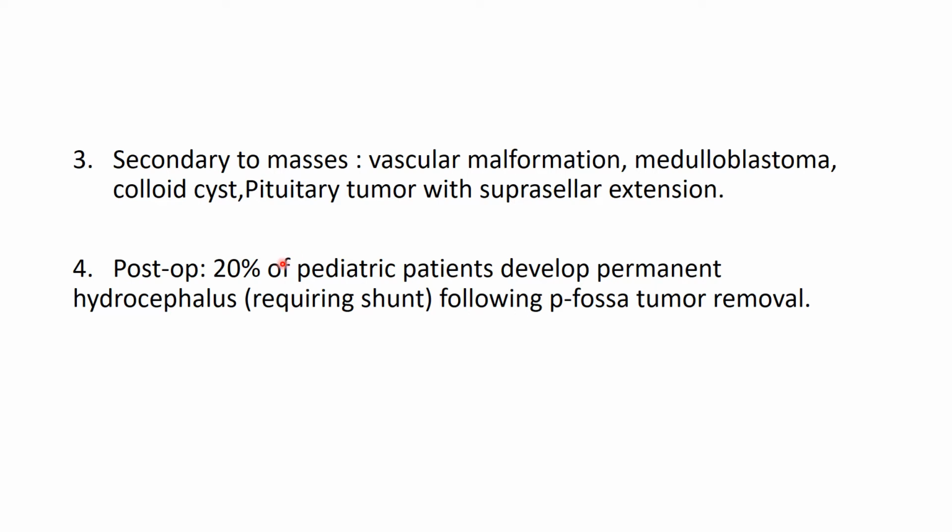For example, patients with cerebellar tumor or posterior fossa tumor have a risk of developing hydrocephalus after surgery and require a shunt. 20% of them will require that. So if you operate on 5 patients with cerebellar tumor, glioblastoma, pilocytic astrocytoma, or other tumor, and you resect that tumor and everything went well during surgery, one of these 5 patients will end up having a VP shunt.